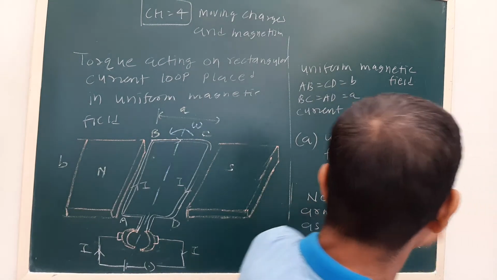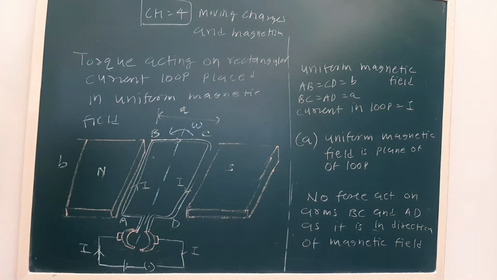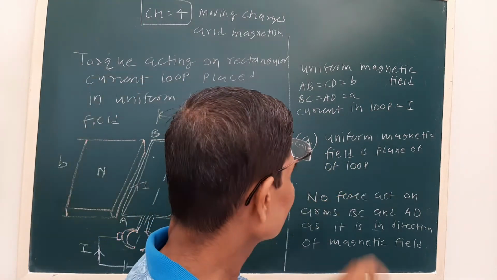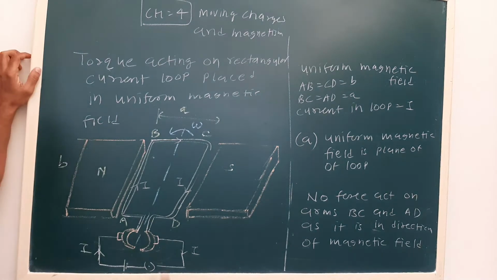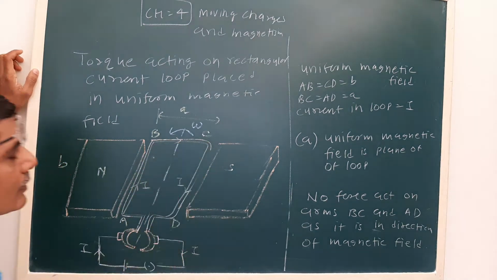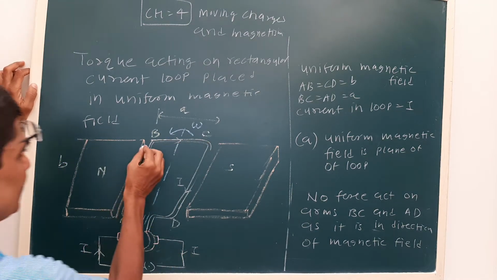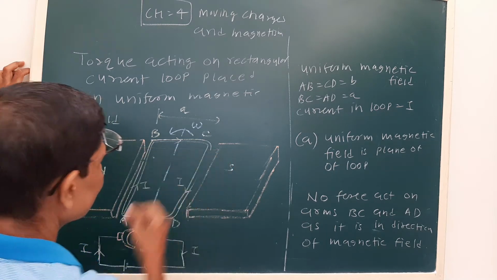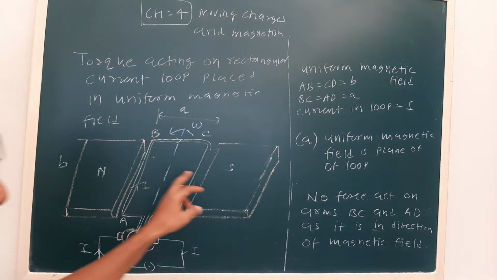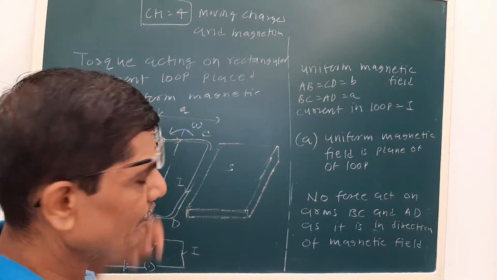First we assume that the uniform magnetic field is in the plane of the loop. Now see, the current in BC and the uniform magnetic field: the magnetic field is directed from S to N, and both are parallel.